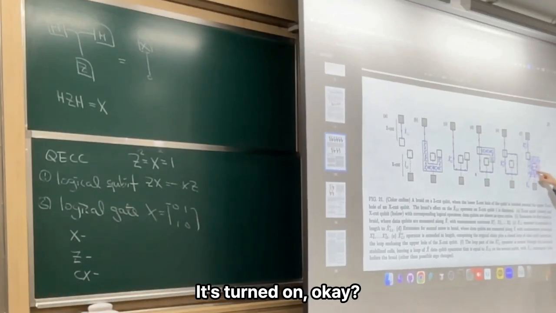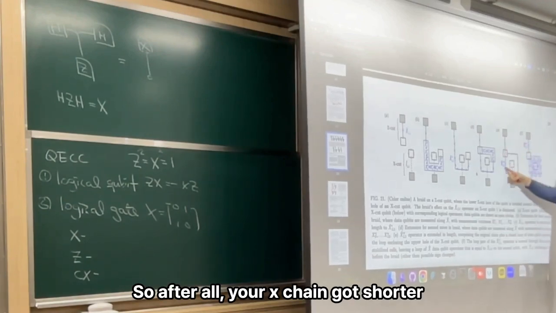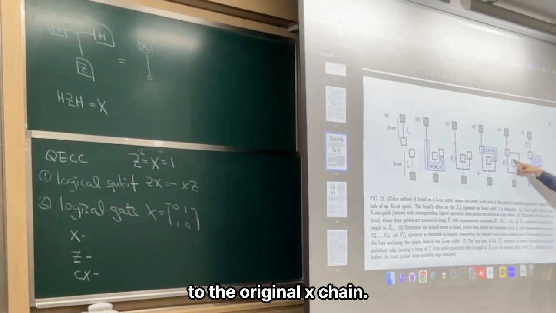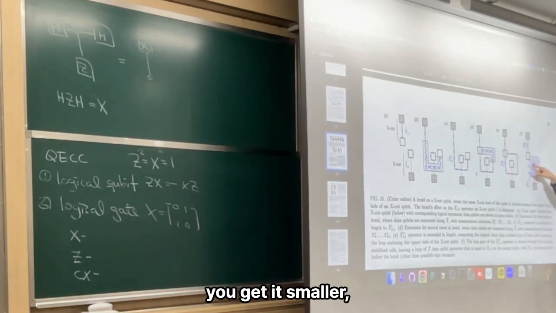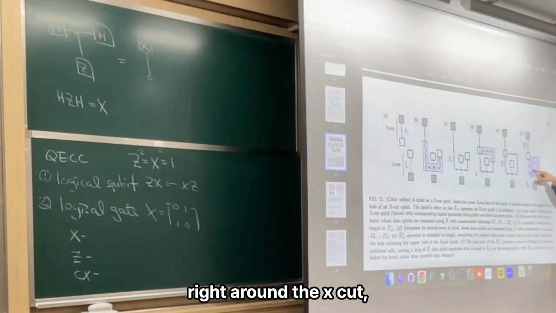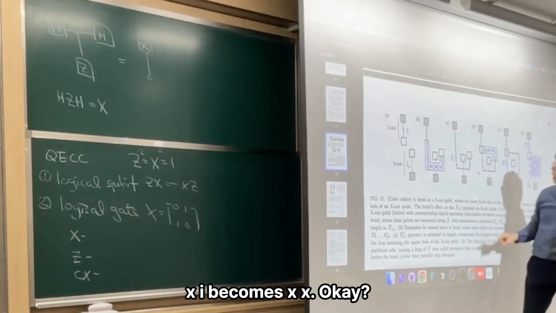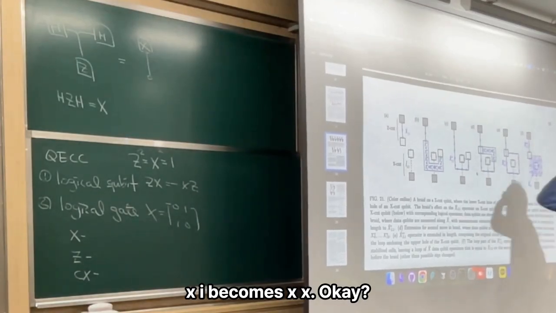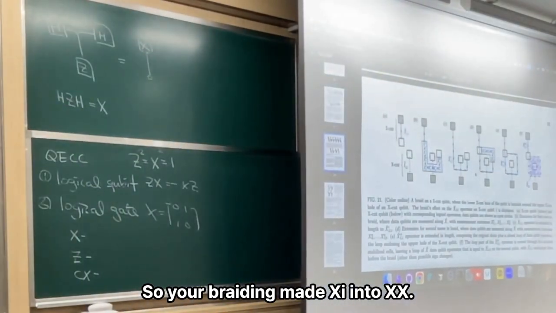So after all, your X chain got shorter, back to the original X chain, but instead of this big X chain, you get a smaller one right around the X cut, which was not there in the beginning. So when you do that, XI becomes XX. Your braiding made XI into XX.